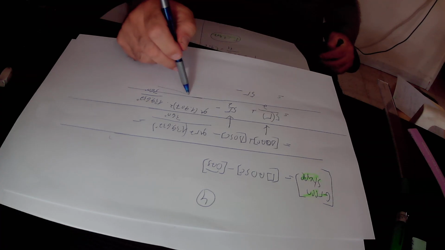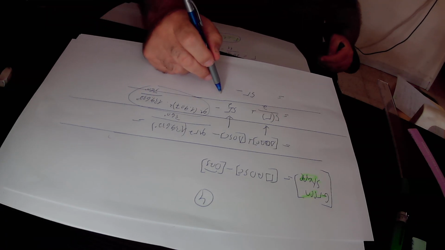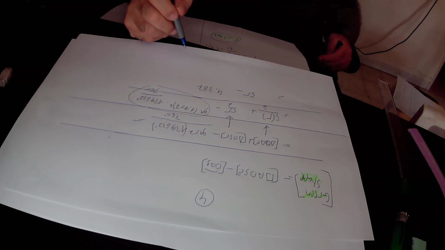In total, the value of this big expression is equal to 4.387 square units in size. That is the area of sector OQS.